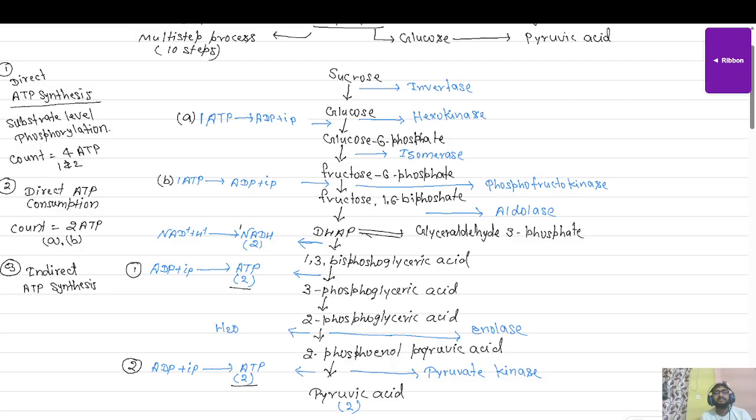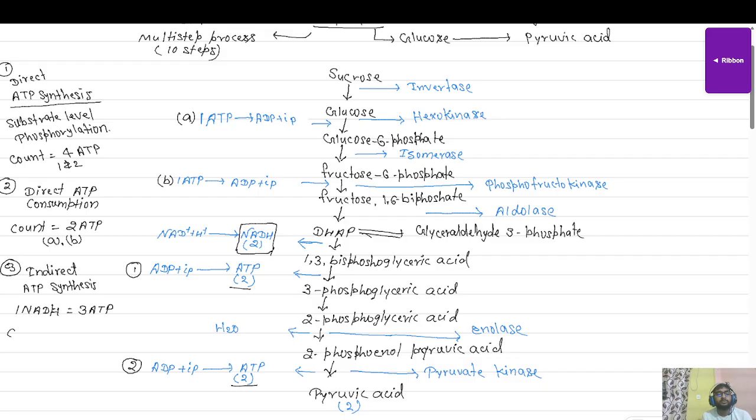This NADH is actually a source of indirect ATP, because one NADH is equal to around 3 ATP molecules, and that's why 2 NADH will give around 6 ATP.